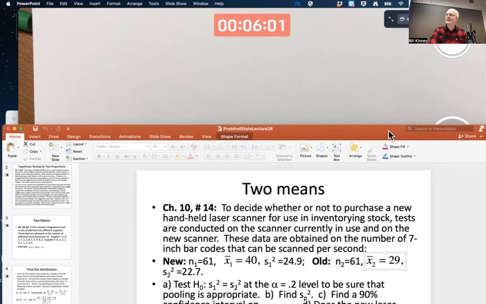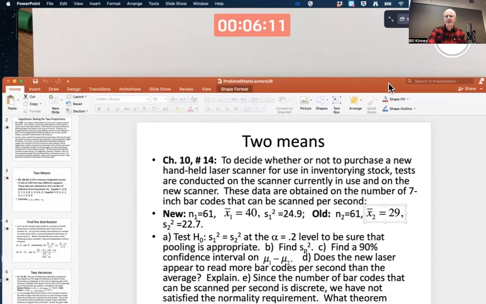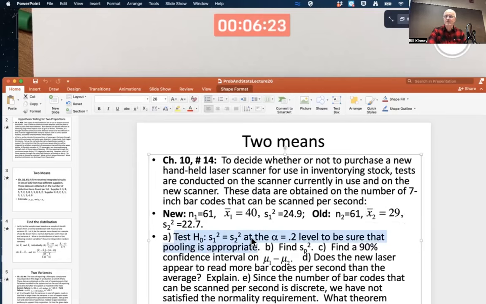When you are comparing means like this, there are some technicalities that come into play that determine what formula you use. And those technicalities are related to whether the population variances are the same or not. And in the directions of this problem, you can see part A, we're not testing means, we are testing variances.